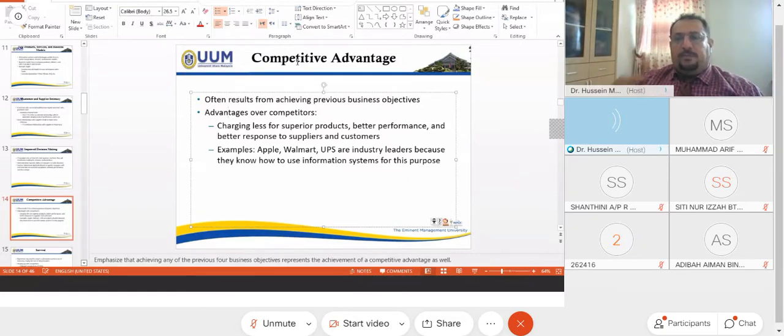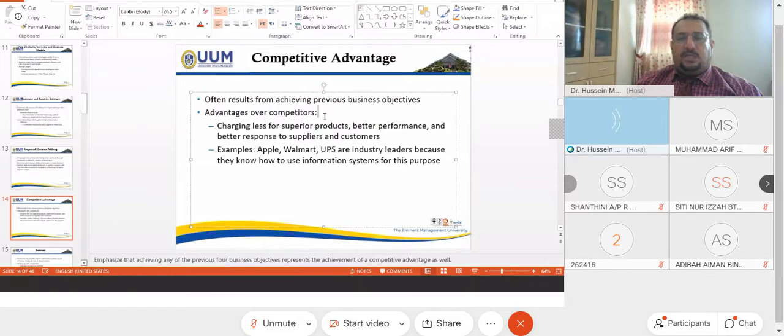It becomes a competitive advantage because we achieve our objectives, but competitors couldn't achieve that, or maybe they struggle to achieve. So when we achieve our objectives, it becomes the next competitive advantage to us because we are capable to achieve our objectives. Then we have advantages over competitors.